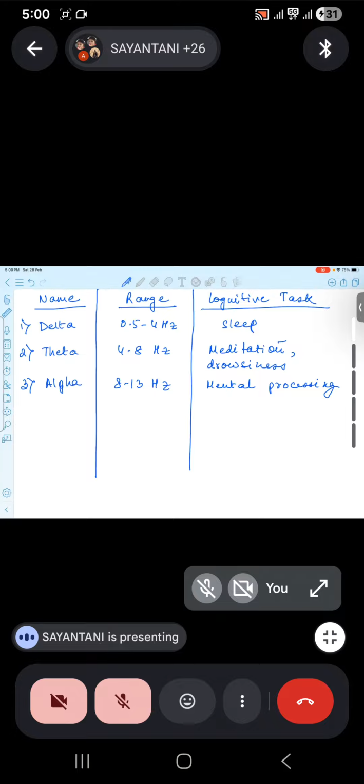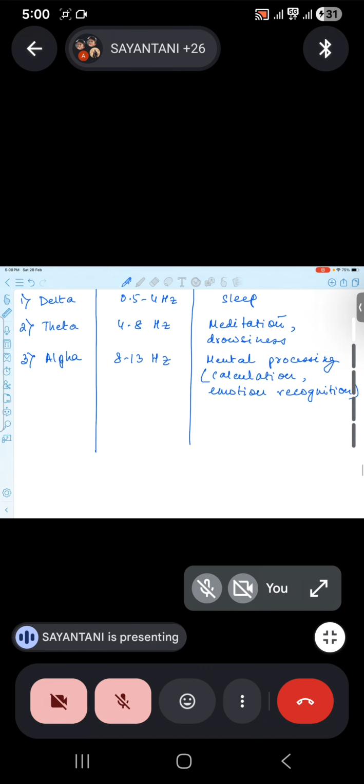Mental processing can be some kind of mental calculation or emotion recognition and so on, right? Under this alpha band, another popular term which is used is mu rhythm.